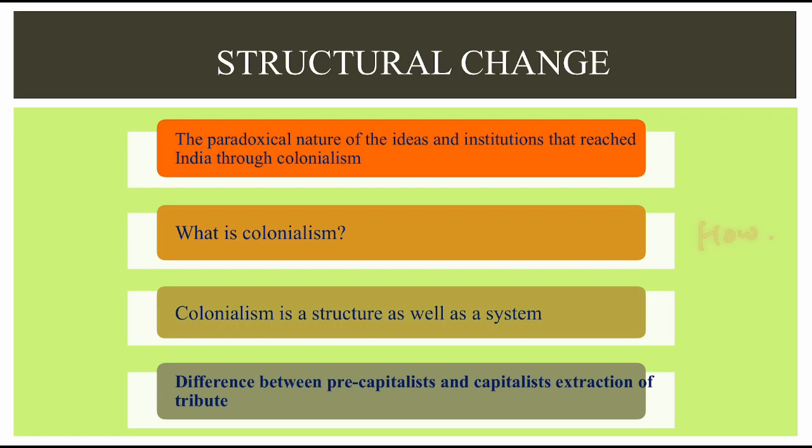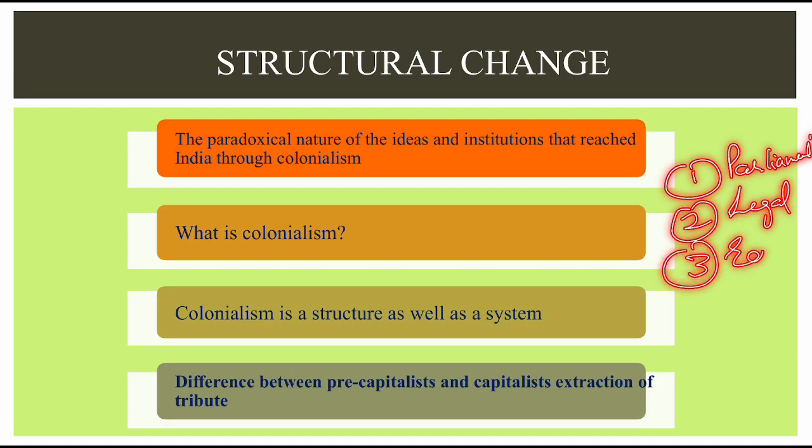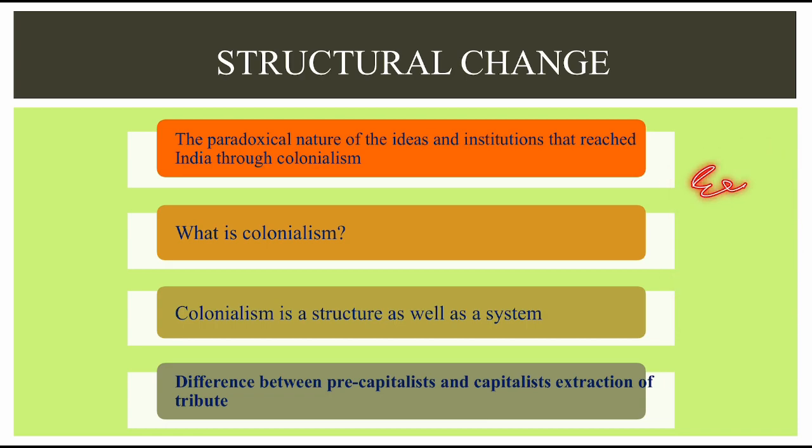How, you might ask? Well, colonialism brought new political changes, like, for example, number one, the parliamentary system, the legal system, the educational system, and the maintenance of law and order through a police force. All these are the political changes. Number two, economic changes.